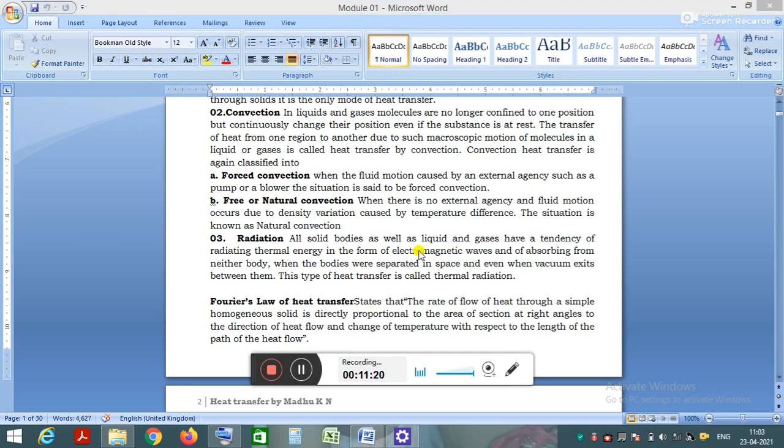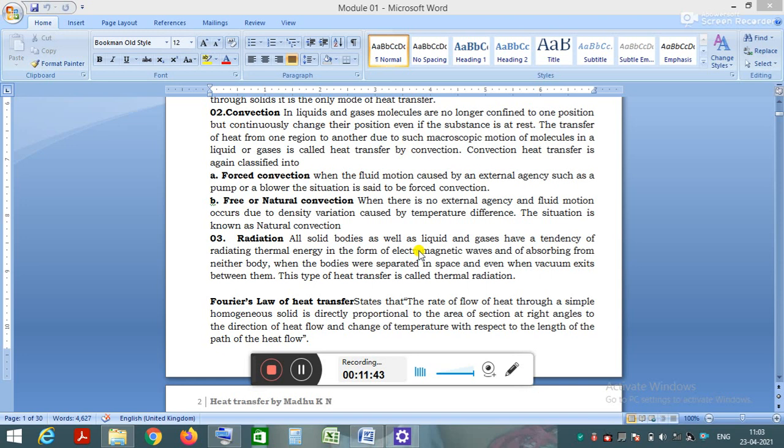Fourier law of heat transfer states that the rate of flow of heat through a simple homogeneous solid is directly proportional to the area of section at right angles to the direction of heat flow.